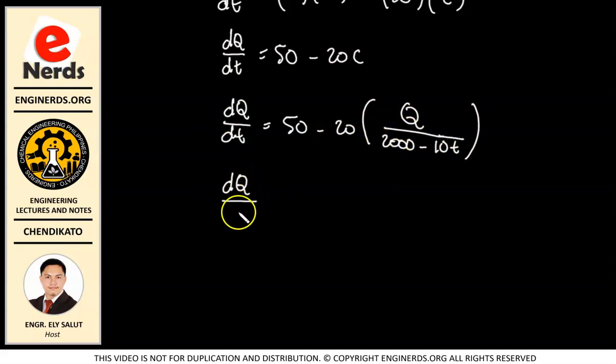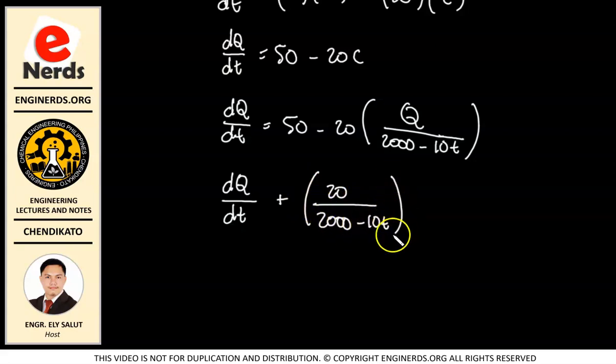So, we have dq over dt plus 20 over 2000 minus 10t times q is equal to 50. Okay, so binagbaliktad ko lang itong 20 and q natin, no, para mas maging obvious that we have a linear equation dito sa ating calculation right now.